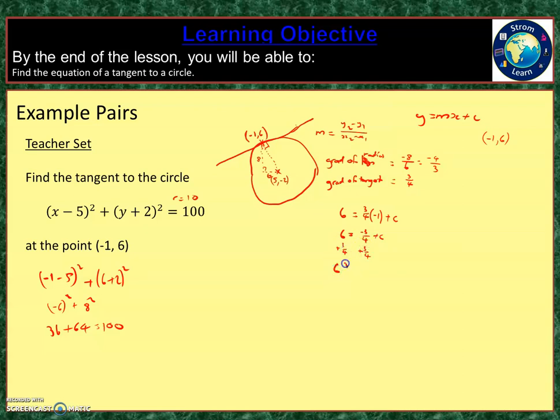So that's 6 3/4 equals c. I quite like improper fractions rather than mixed numbers, so I might just convert that, which is going to give me 27/4. And then the equation of my final line is y equals 3/4 x add 27/4. And that's the equation of my tangent.